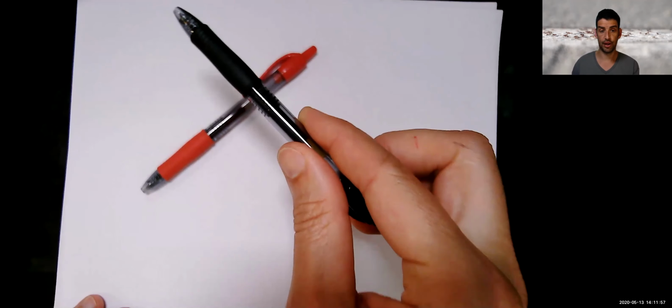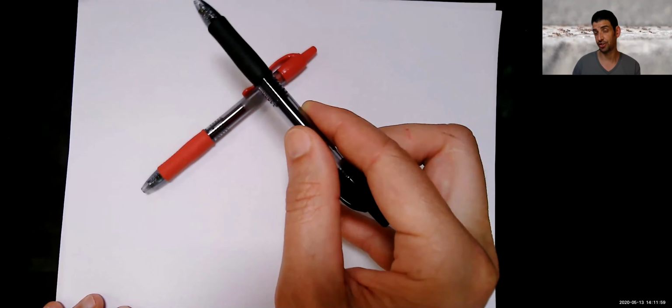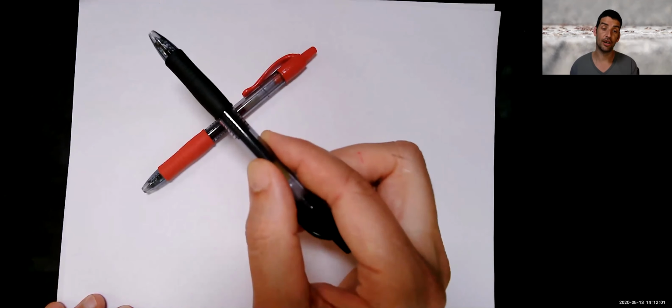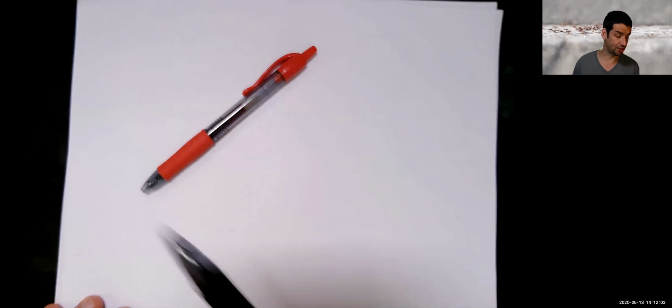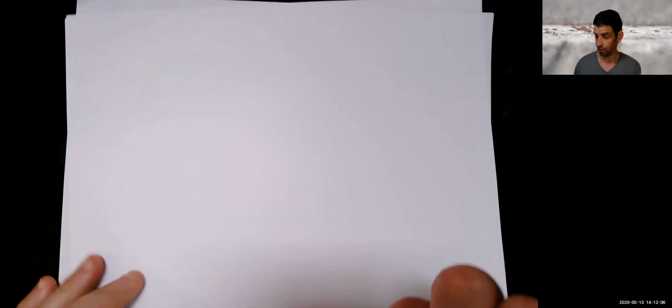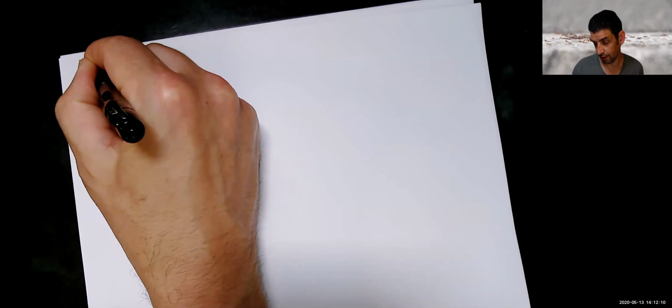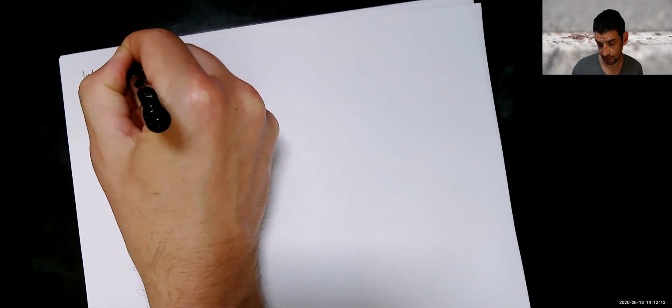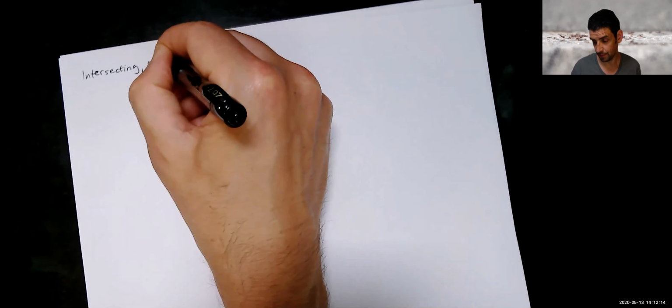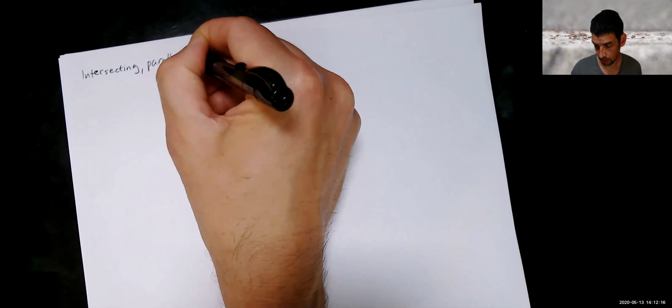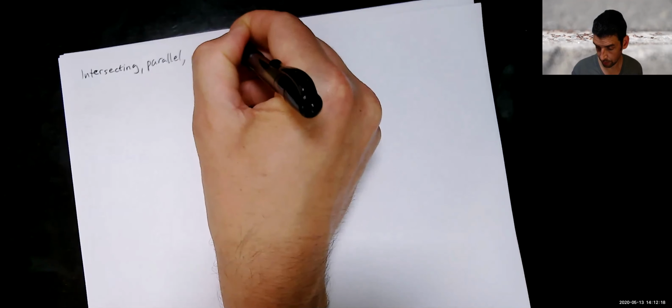So what we call these lines, when they are not parallel, meaning their vectors aren't in the same direction, but they also don't intersect, we call them skew lines. So we can take any 2 lines and say they are intersecting, parallel, or skew.